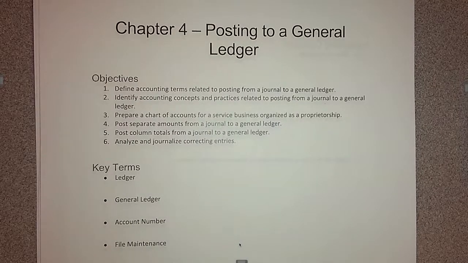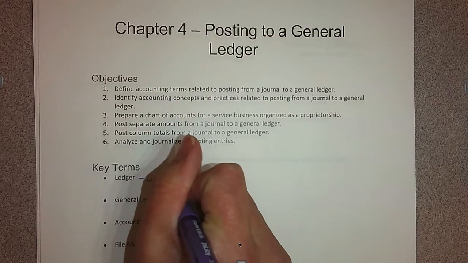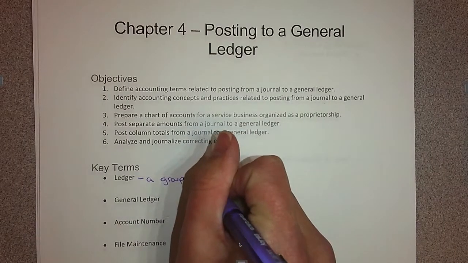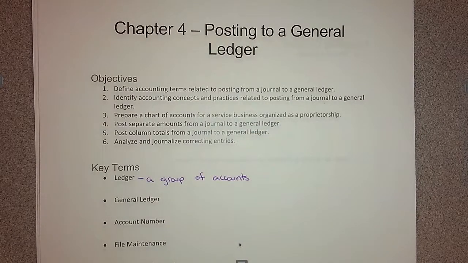This thing is called the ledger, and a group of accounts is a ledger. Really fancy key term. Put a bunch of accounts together, and it's called a ledger. The general ledger is a ledger, so a group of accounts, that contains all accounts needed to prepare financial statements for a business.